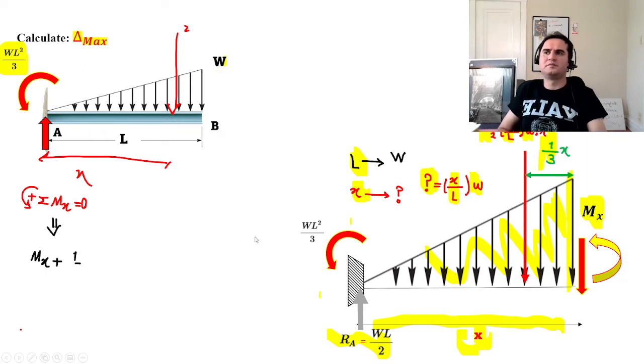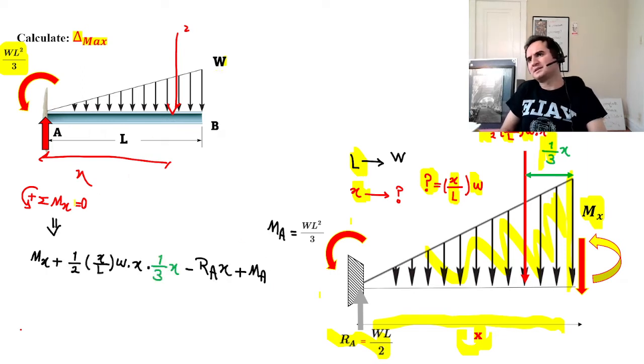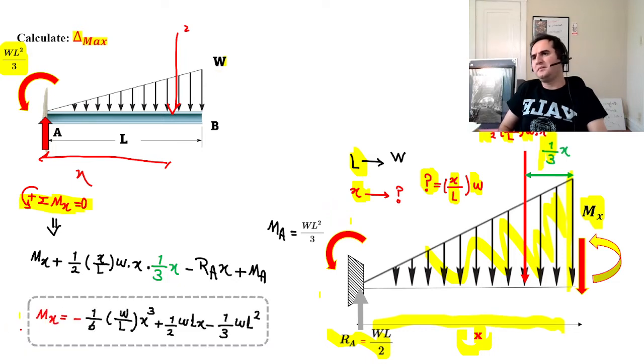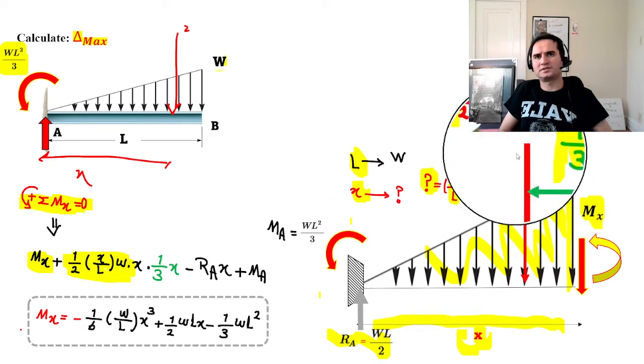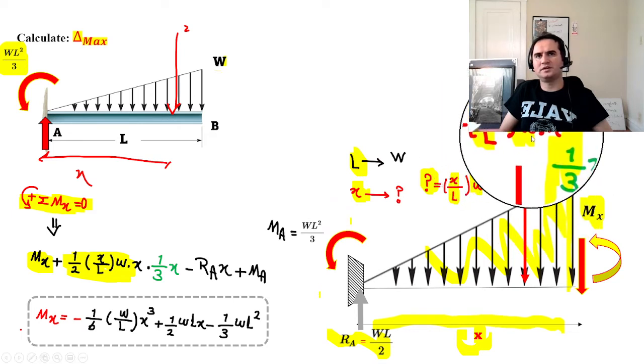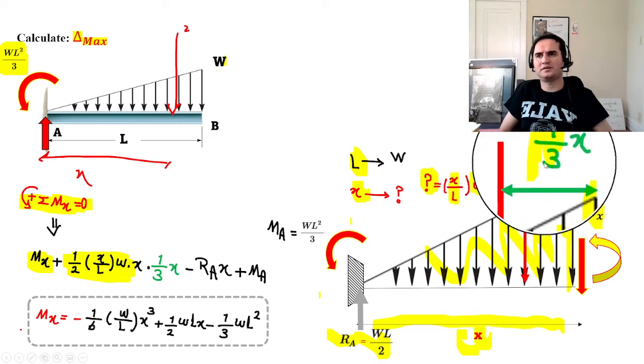If we develop the moment at x, the sum of moments at x is equal to M of x positive, consistent with the direction of moment, plus the distributed load converted to concentrated, which is a half of x over L times Wx, times the distance, which is 1/3 of x.